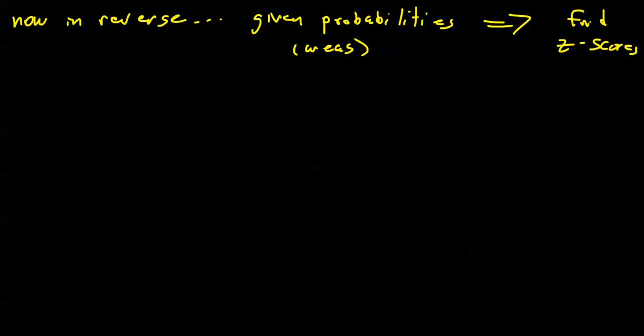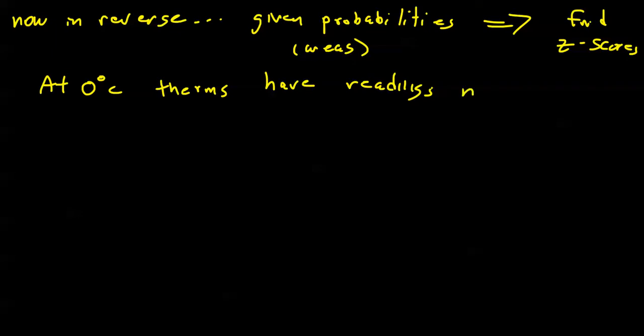Again, we've got the same scenario. At 0 degrees Celsius, a large group of thermometers have readings that are normally distributed.